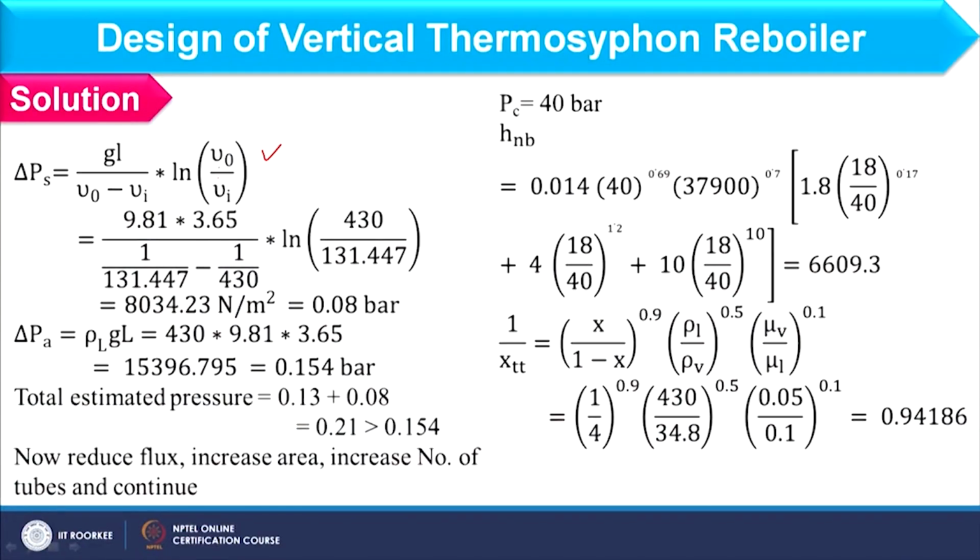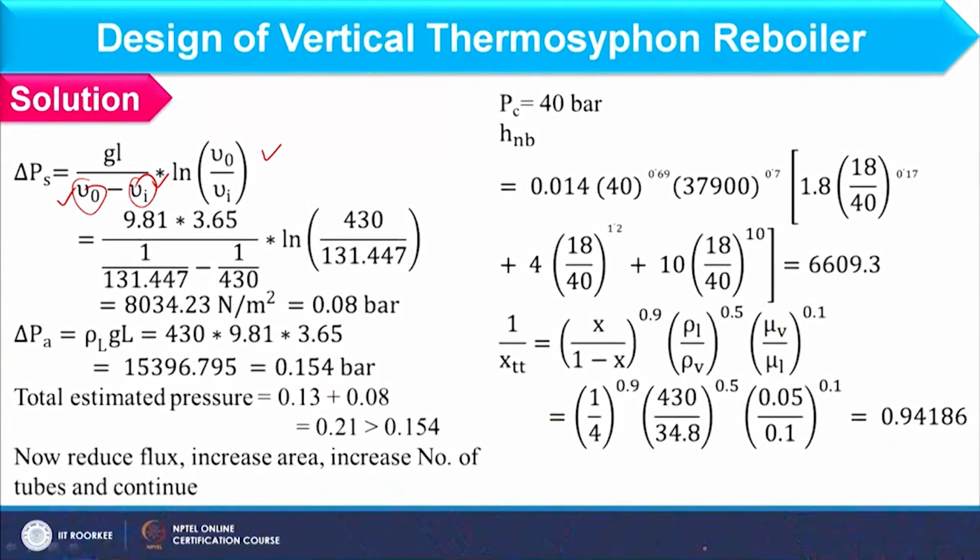So, in this way we can find out pressure drop due to friction in tube side, and next we have to find out the pressure drop due to static head, and for that we have expression like this, delta Ps equal to GL V naught minus Vi into ln V naught by Vi, right. So, this V naught and Vi are basically specific volumes, and that will be nothing but the reciprocal of density. So, you can consider rho GL here, however, continuously phase is changed.